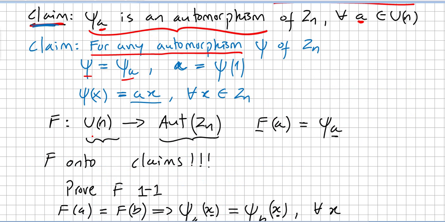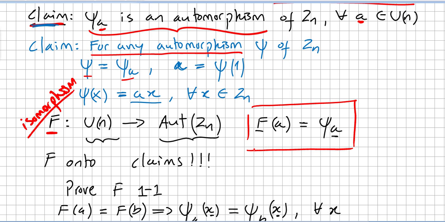So next step, we defined this f as an isomorphism. This is very important. We defined f as an isomorphism from the group of units to the automorphisms of Zn, and we defined it this way.